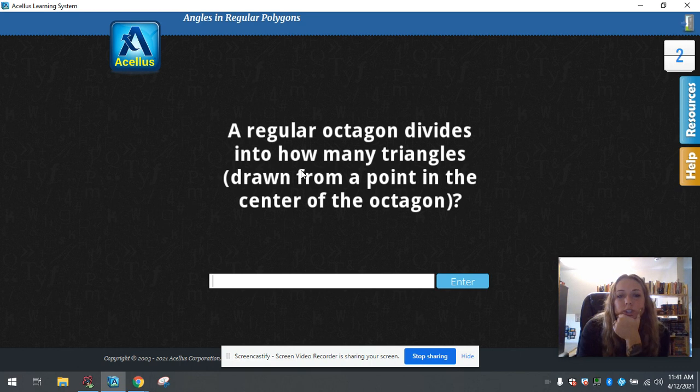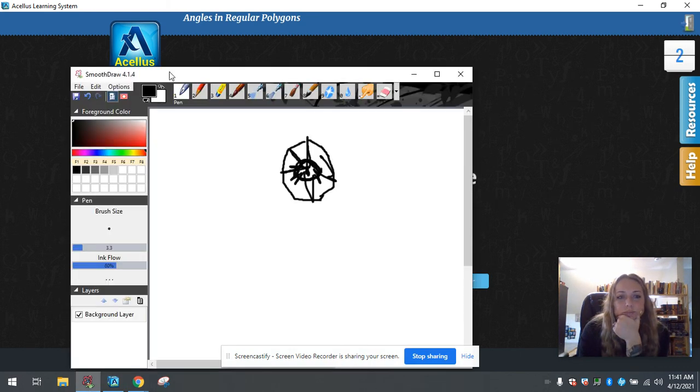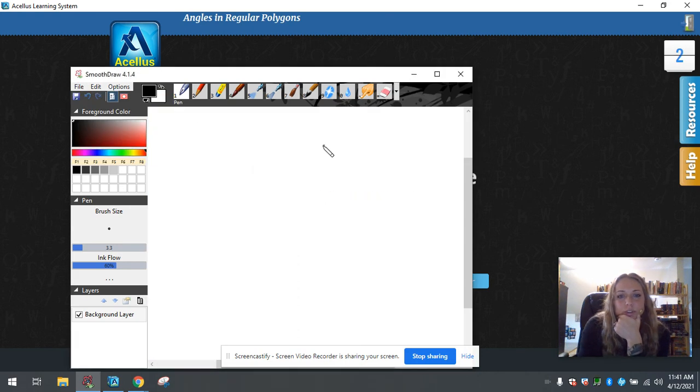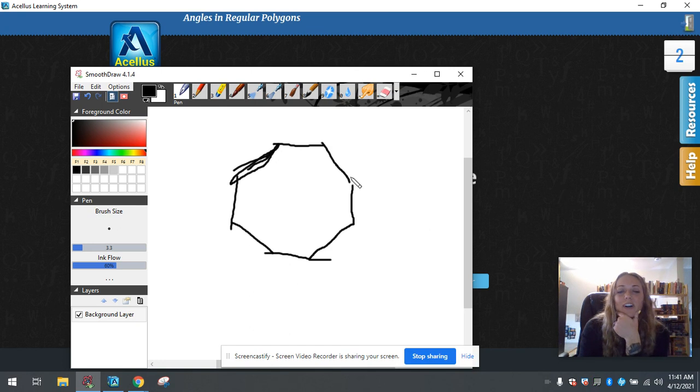A regular octagon divides into how many triangles? We have an octagon, an 8-sided polygon, the shape of a stop sign. Here is our octagon.